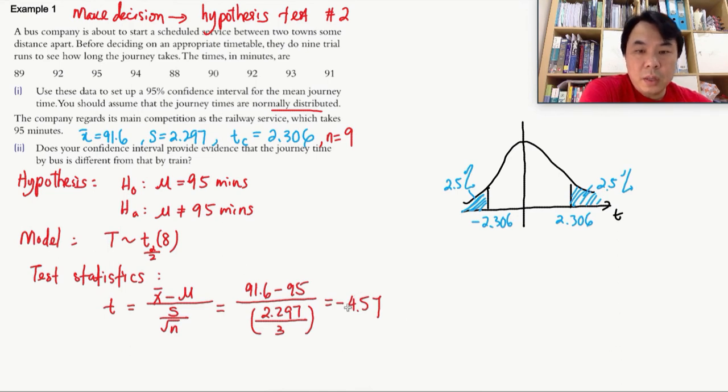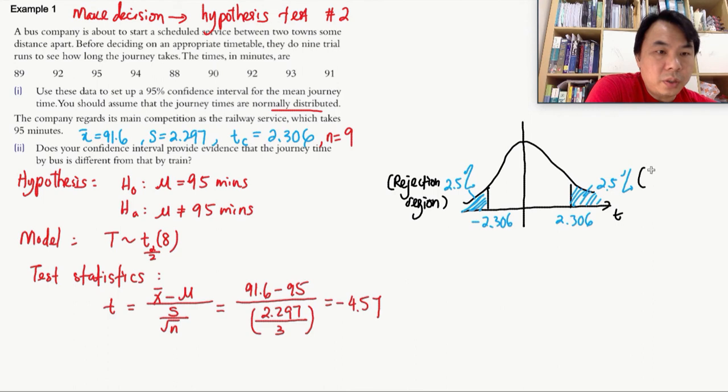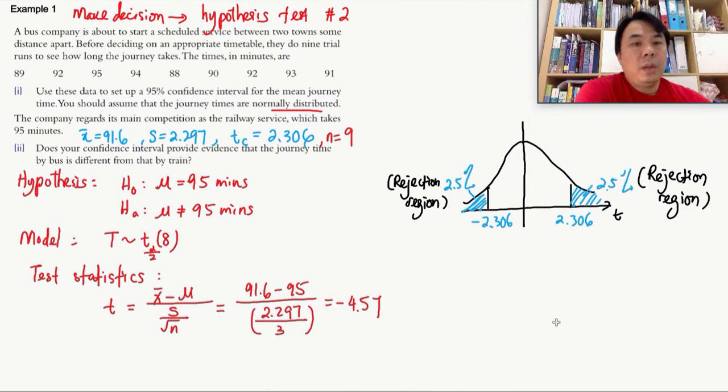Now what we are trying to compare is this observed test statistic value with this critical value: is this observed test statistic value within the rejection region? I might want to make a remark here. Both of these are rejection regions.